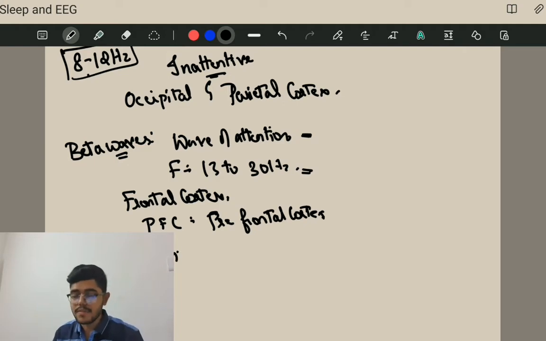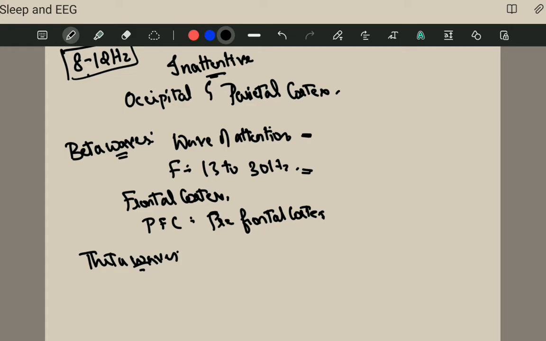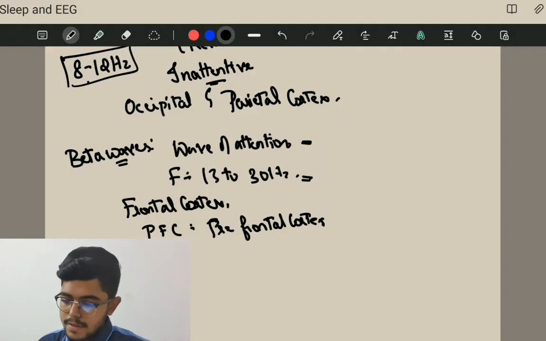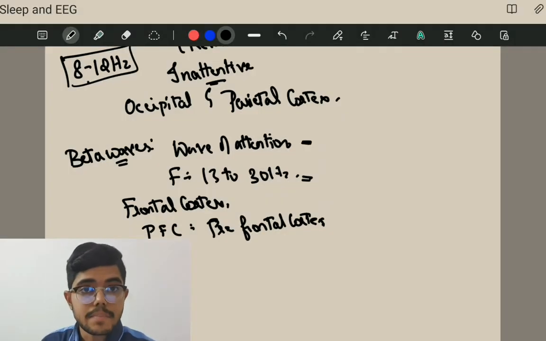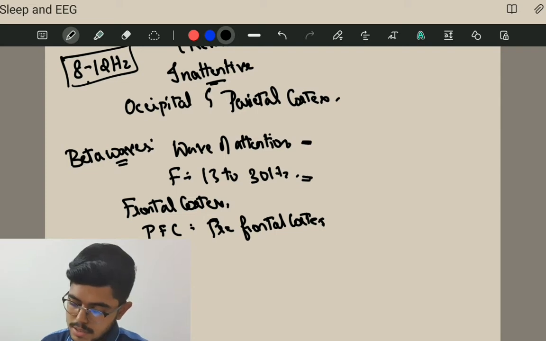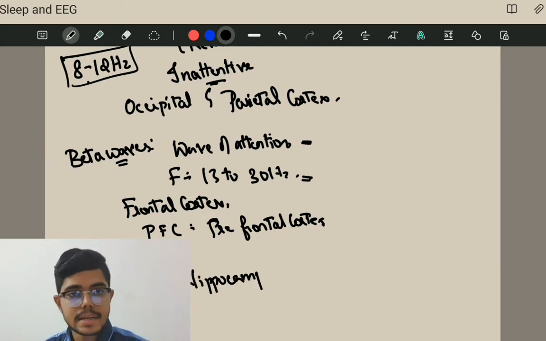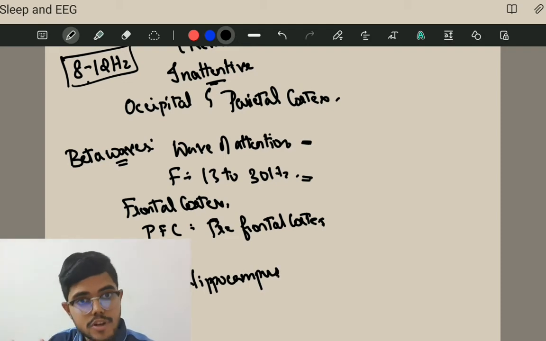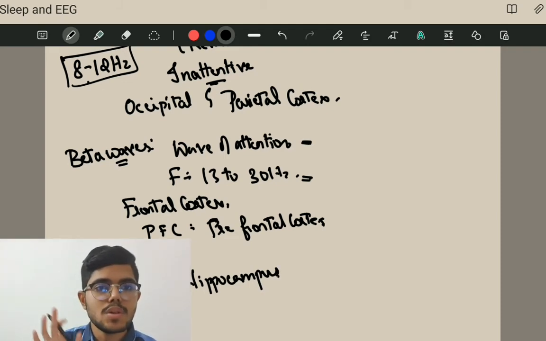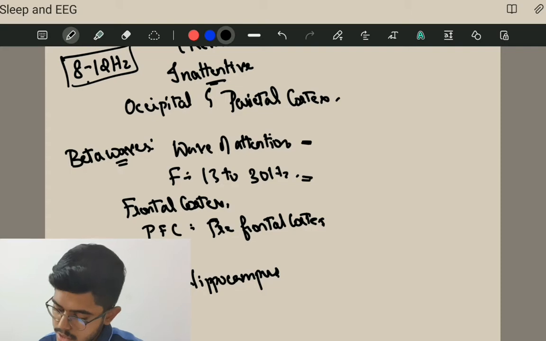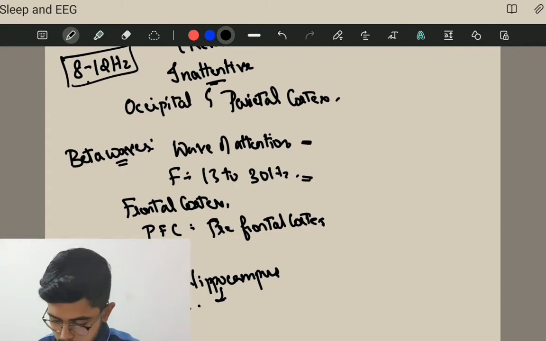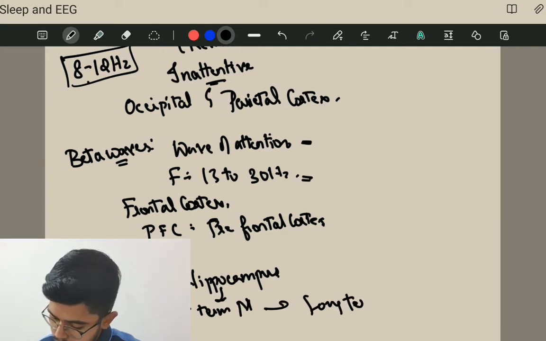Theta waves are very important because they are mainly generated from the hippocampus. You all know that the hippocampus is for the conversion of short-term memory into long-term memory. So theta waves are generated for the conversion of short-term memory to long-term memory.